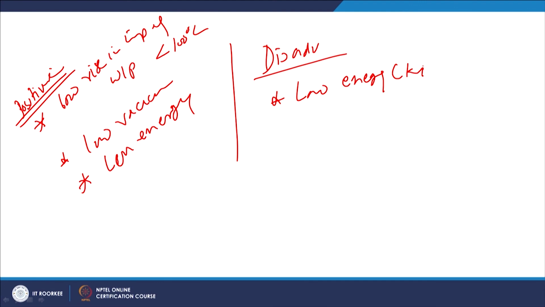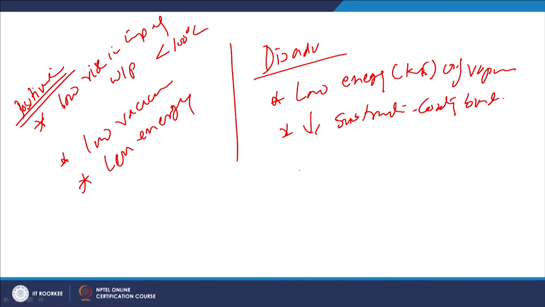However, the low energy associated with the vapors will cause the negative side related with this process. The disadvantage associated with this process is that the low or kinetic energy of vapors leads to a limited substrate coating bond, and because of this it cannot be used for high stress surfaces.